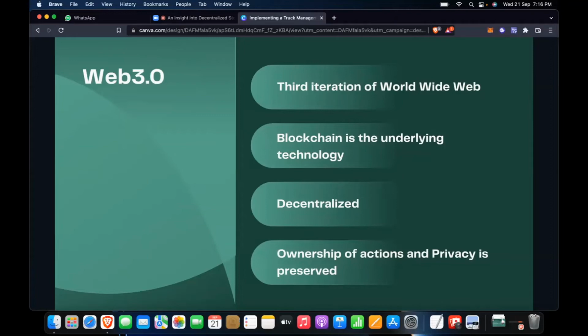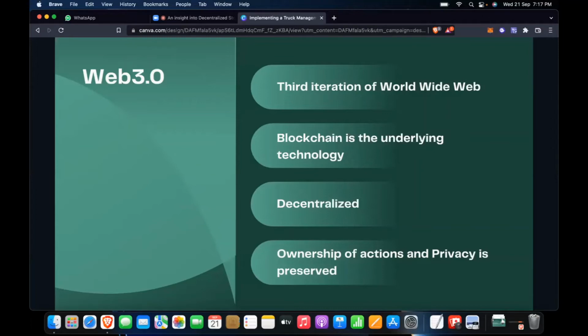Web 3.0 has blockchain as its underlying technology. Again, blockchain is a secure distributed ledger, similar to the network of computer nodes which we discussed for a decentralized storage network. Blockchain is a network of nodes, and it's secure and distributed as well.